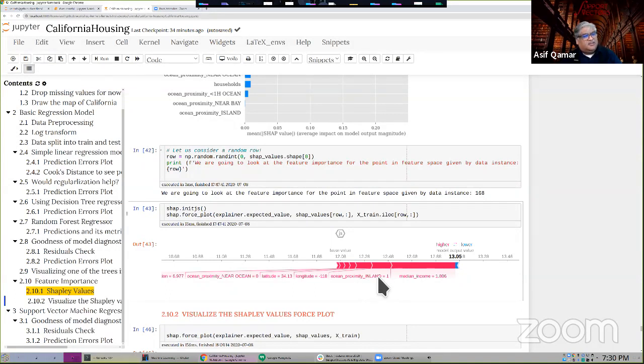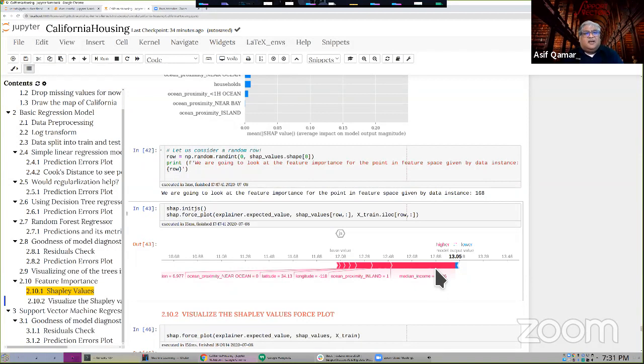It turns out that if it is inland, well, this is very interesting, it has quite a bit of effect on the house price. The next is location. You notice that the three most important factors are location. All of these are location related. And so this is how you see the value of different factors contributing to a house price.